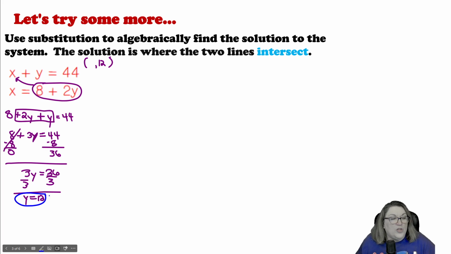I'm going to choose to substitute it into this equation, mainly because x is already by itself, so I feel like that'll just be a little easier to solve. And when I do that, I'm going to have x equals 8 plus 2, but instead of times y, it's going to be times 12, because 12 is our y.